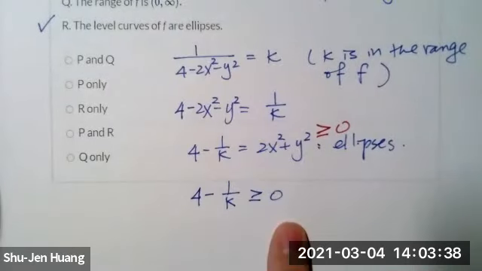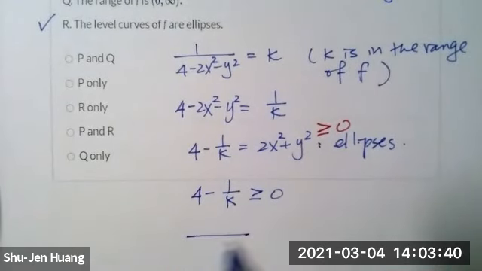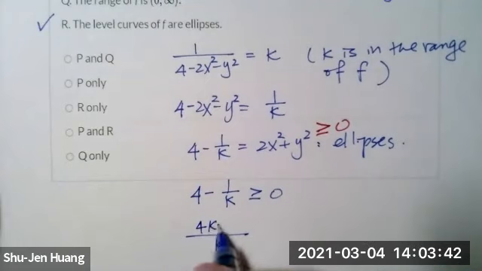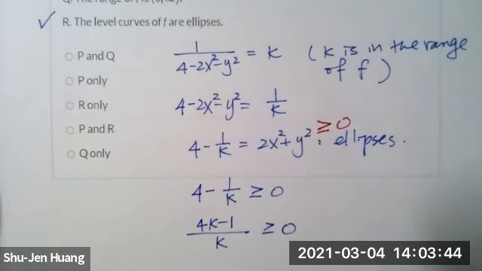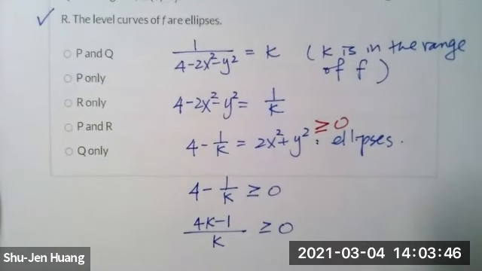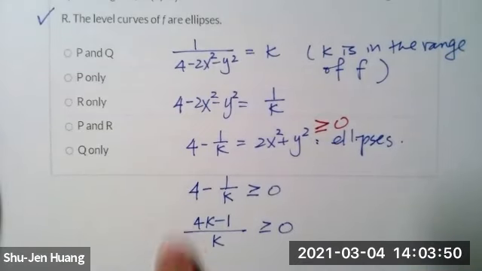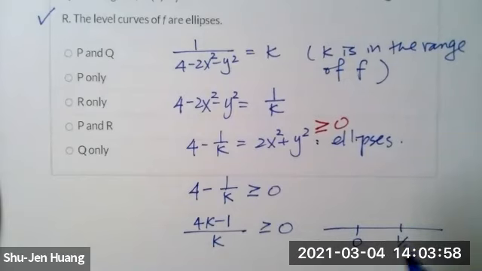To solve the inequality, we can find the least common denominator. So we have 4k minus 1 over k greater than or equal to 0. To solve this inequality, we set the top and bottom equal to 0 to find the critical points. We get 0 from the denominator and 1/4 from the numerator, so we have 3 test intervals.